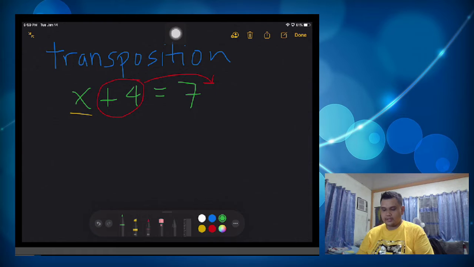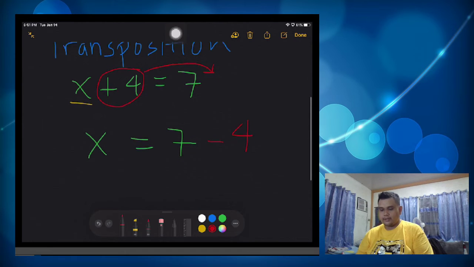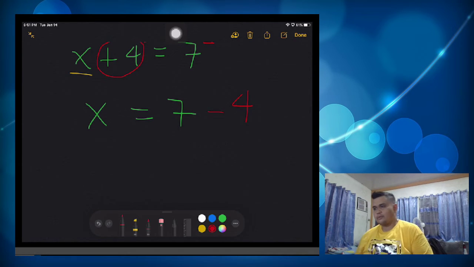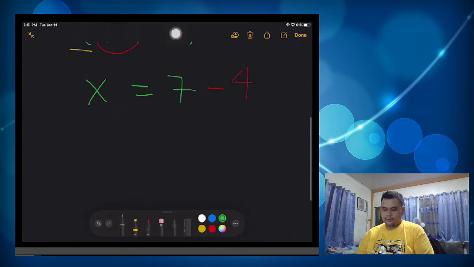Since it is positive 4, x equals 7, it will become a negative 4 on the other side. Now you might ask me, teacher, why will it become a negative 4? Just to finish the equation, x will leave us 3.